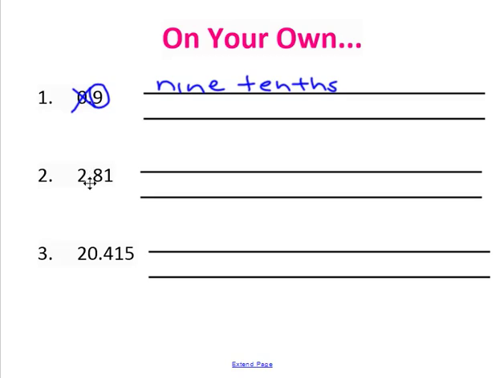Okay, we haven't done an example like that yet. So go ahead and do the next two on your own. Don't forget your hyphens.